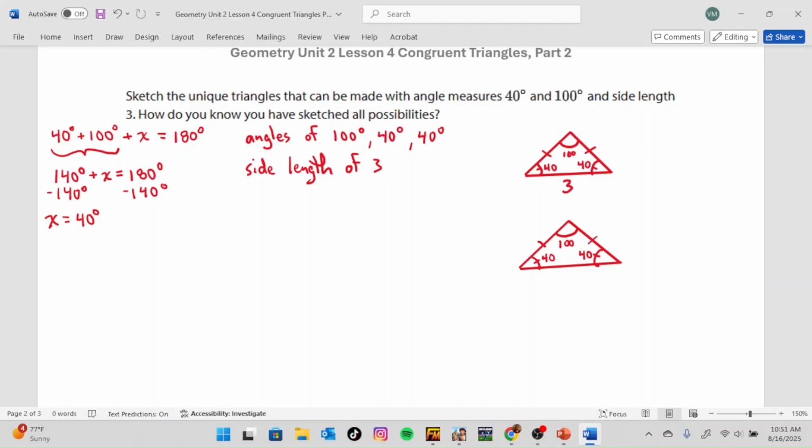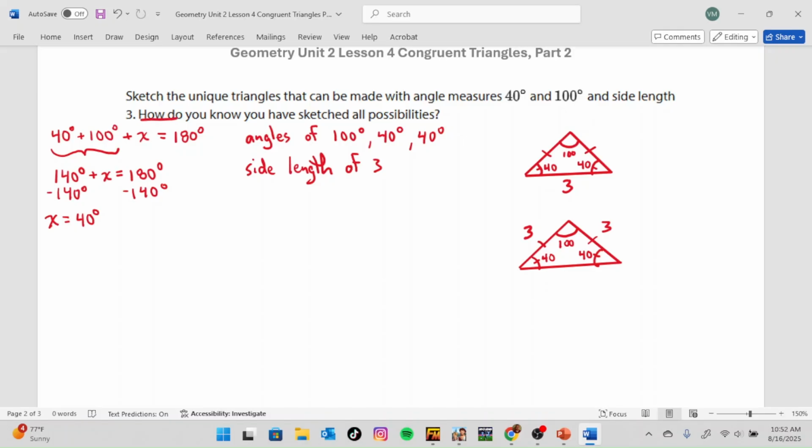So if it's not the bottom, the base of the triangle that's 3, then it would need to be these sides that are 3. And then the bottom is something bigger than 3. And now we know these must be the only two options because we've now drawn options where all 3 sides have the side length of 3.